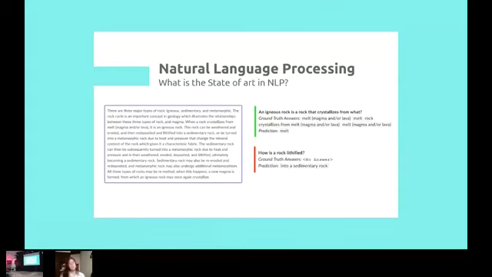So this is the state of the art. They are called transformers. They are based on deep neural networks. And what they do is that they are able to answer an English reading comprehension exam. All of us, at some moment of our lives, have taken an English exam.